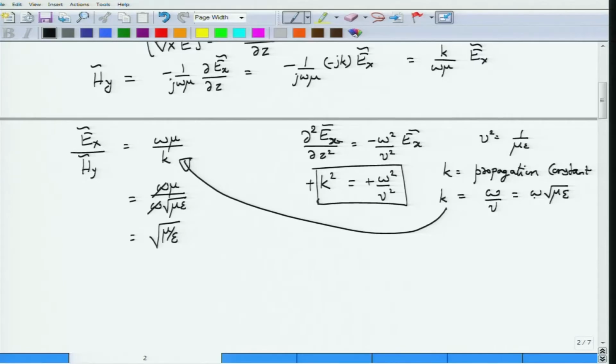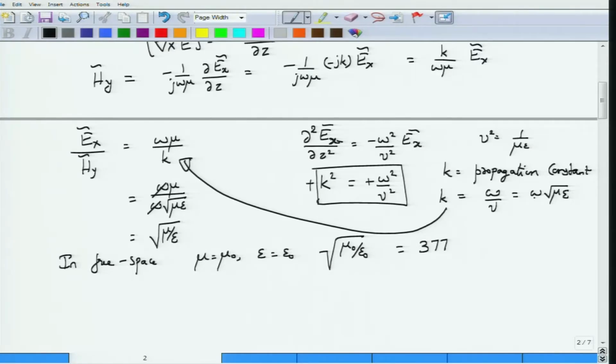In free space, mu is mu 0 and epsilon is epsilon 0. Therefore this ratio, square root of mu 0 by epsilon 0, tells you the amplitude ratio of the x component of the electric field to the y component of the magnetic field, and when you plug in the numbers you will see that this is around 377.